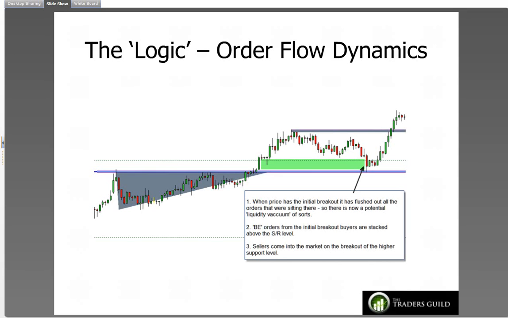As I said on the previous slide, anyone long here is likely to have a stop loss in place to lock in profit around break even. So we know we're going to have stacked break even orders, which are sell orders, within here. And if, for example, we have a mini support area just above our FTB area, and we have a breakout of it, that's another breakout, and therefore we're going to get the breakout rush associated with a move below the support area.